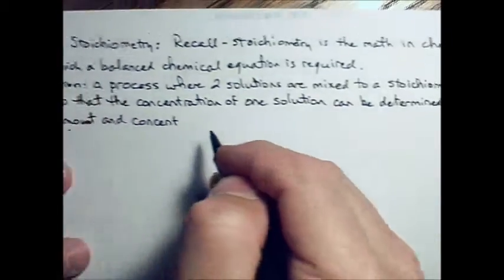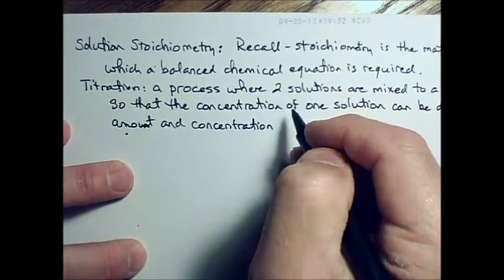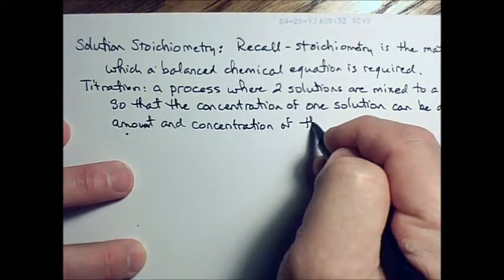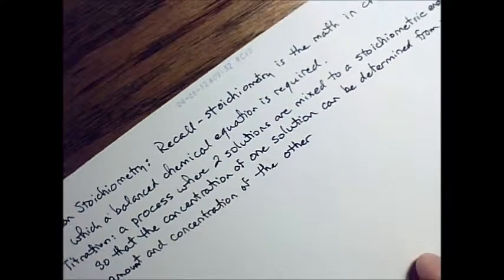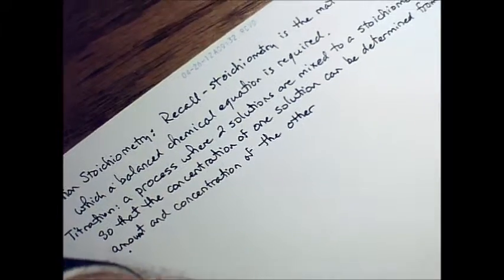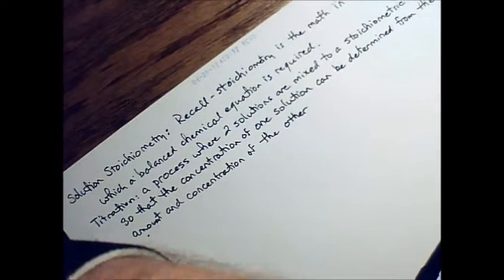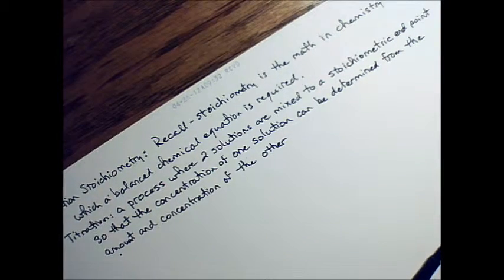From the amount and concentration of the other. Titration: a process where two solutions are mixed to a stoichiometric endpoint so that the concentration of one solution can be determined from the amount and concentration of the other.